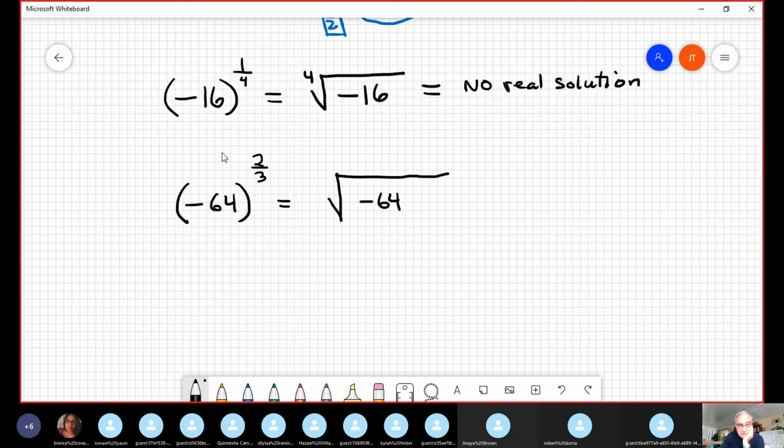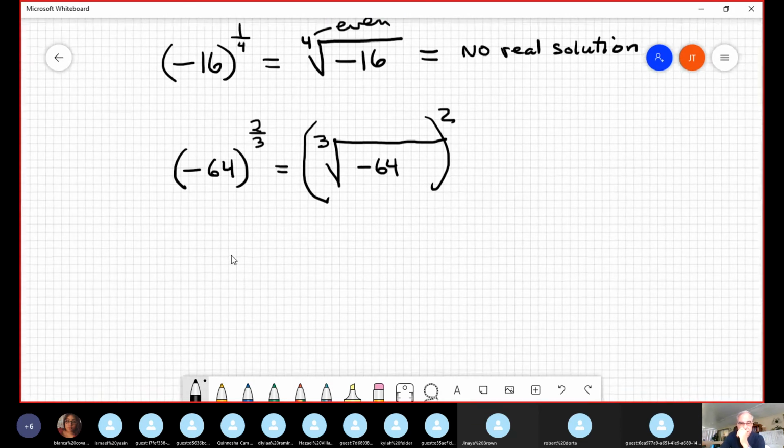What's the index of this radical? 3. And what's the power? The power is 2. The cubic root allows a negative number; only when the index is even is a negative number not allowed. If it's odd, yes. So the answer is real.